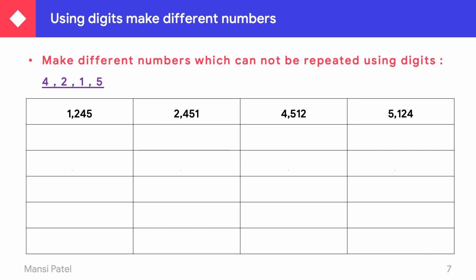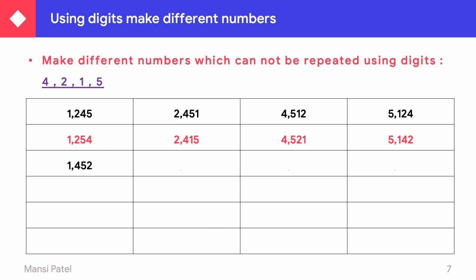So 1245 becomes 1254, then 2451 becomes 2415, then 4512 becomes 4521, then 5124 becomes 5142. Now again you have to apply rule number 1.